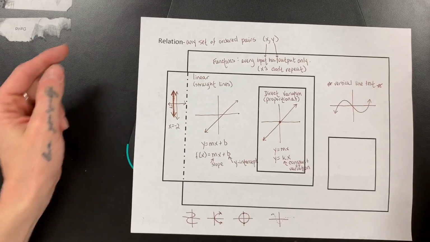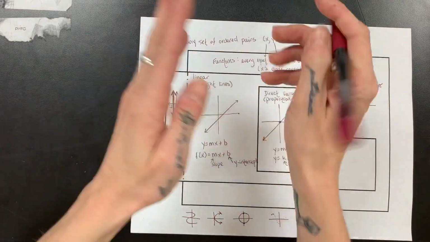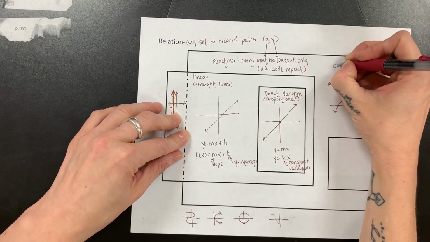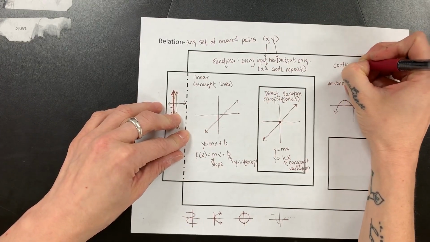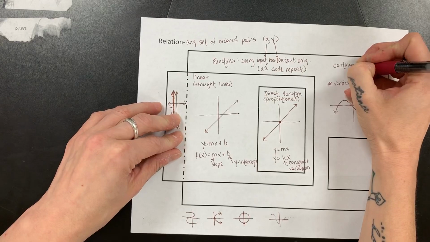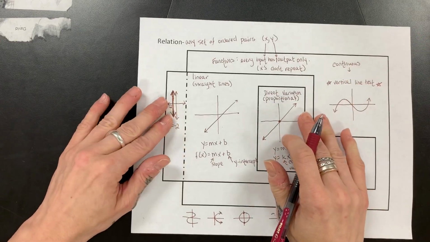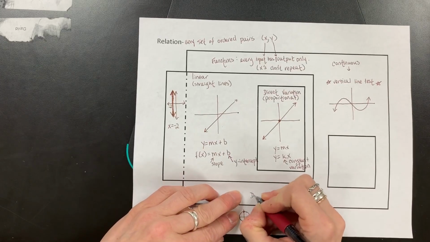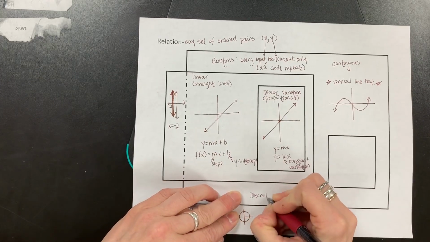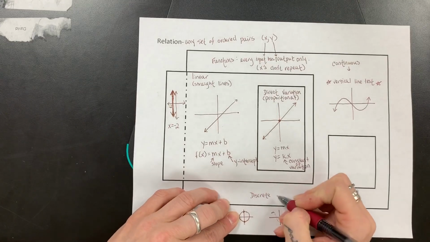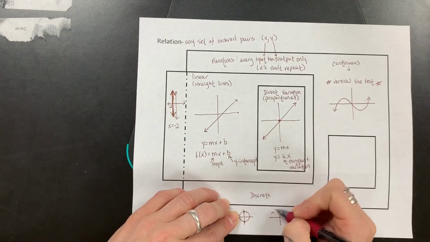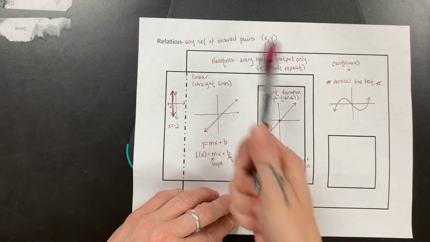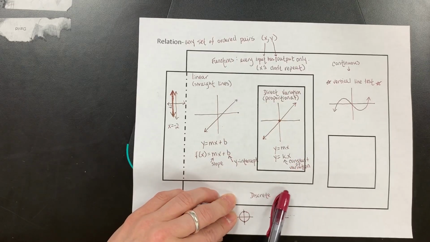So we talk about linear functions, or functions in general, as being either continuous, so this is an example of a continuous function, or we've got those discrete functions, those discrete values. And a discrete domain and range, input and output, can still be a function because it's a set of ordered pairs that have input and output.